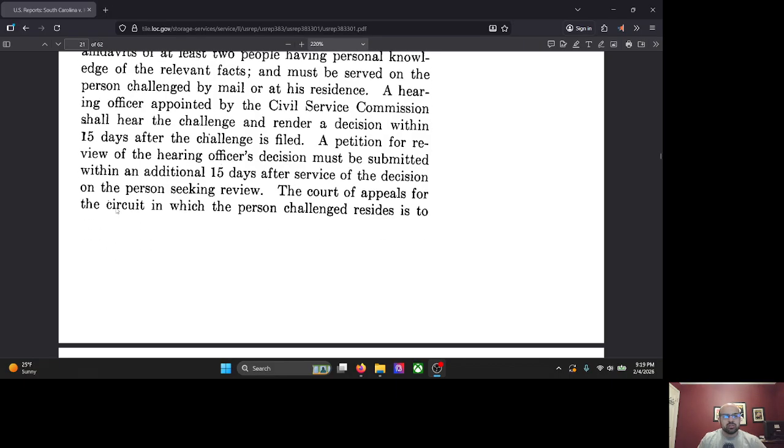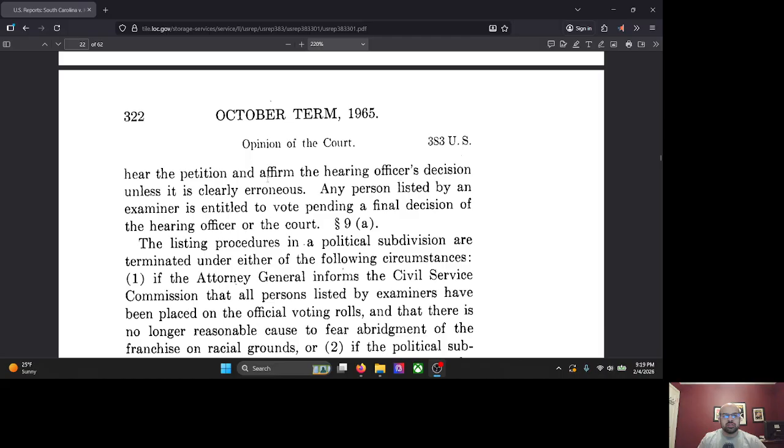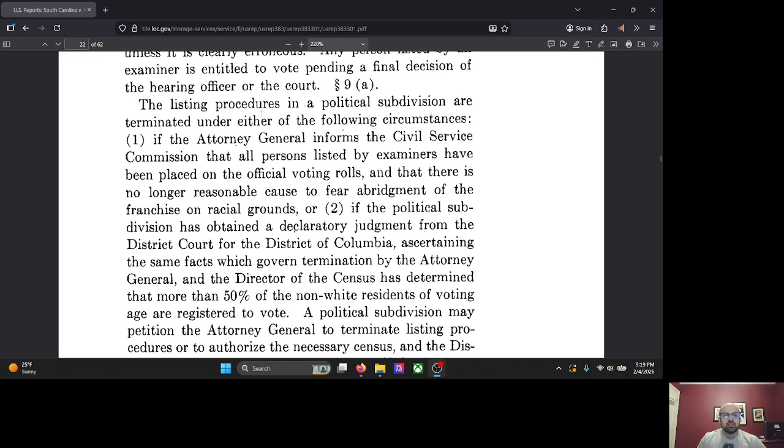The Court of Appeals for the circuit in which the person challenged resides is to hear the petition and affirm the hearing officer's decision unless it is clearly erroneous. Any person listed by an examiner is entitled to vote pending a final decision of the hearing officer or the court, subsection 9a.